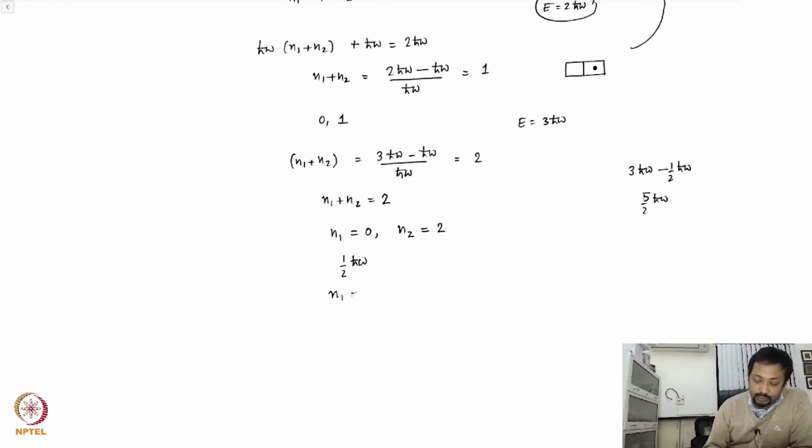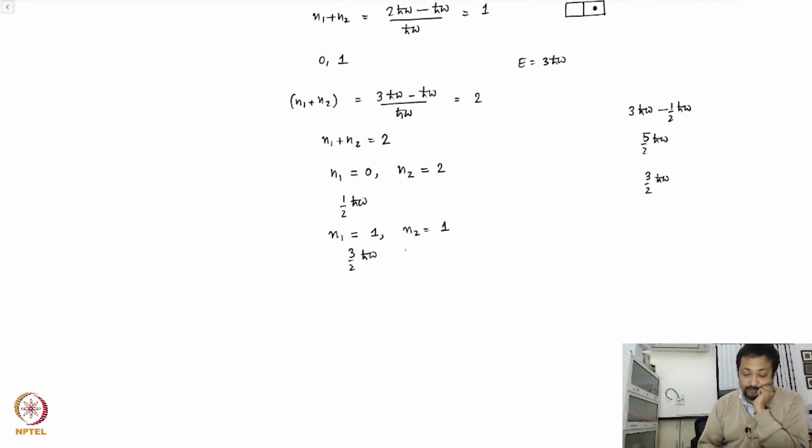What happens when n1 is equal to 1? This gives me 3/2 h bar omega, and I need another 3/2 h bar omega, right? So that n2 can also be 1, which is obvious because n1 plus n2 has to be 2. And then finally I have n1 is equal to 2 and I have n2 is equal to 0.